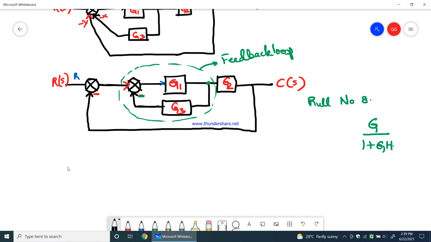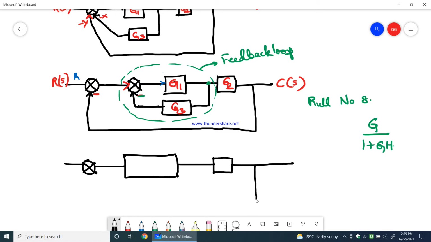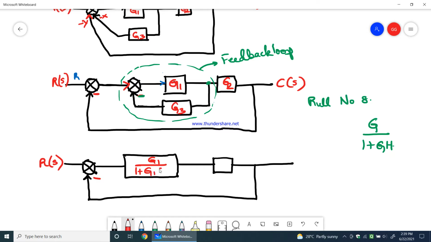Therefore the block will be now G1 divided by 1 plus G1 into G3, and this is G2.